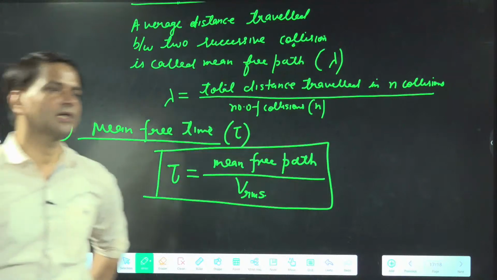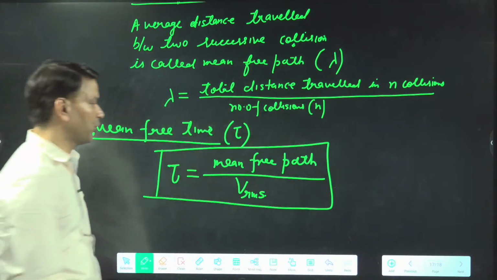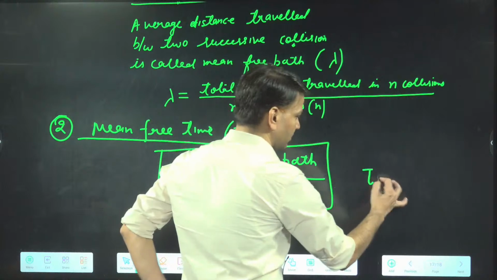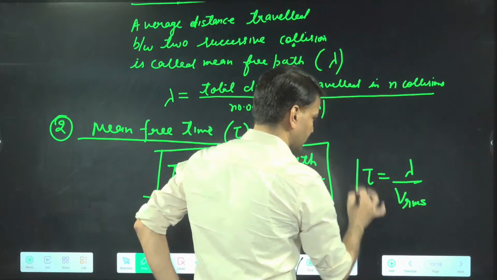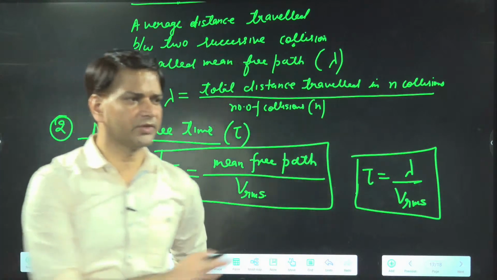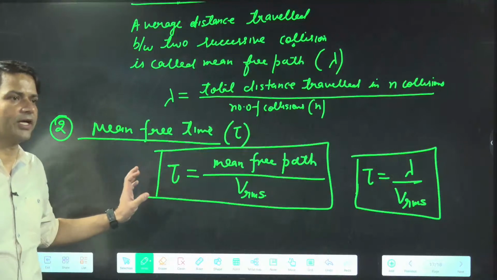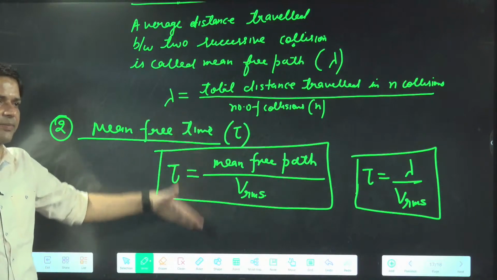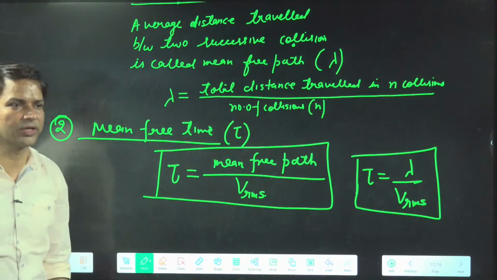So relaxation time or mean free time is the mean free path lambda upon VRMS. So tau is equal to lambda upon VRMS. From that, proportionality and everything we can decide. Distance is the mean free path and speed is VRMS.